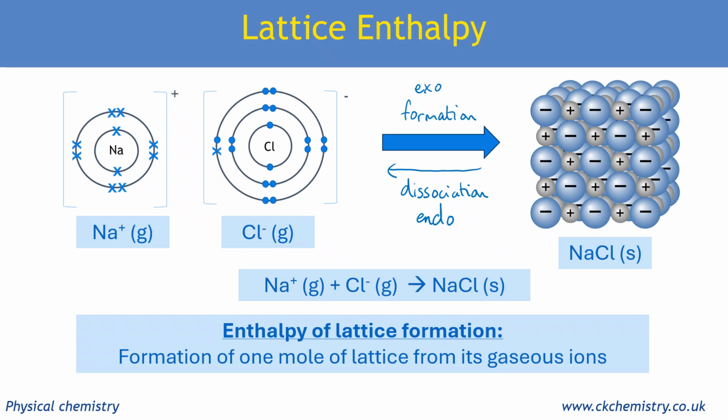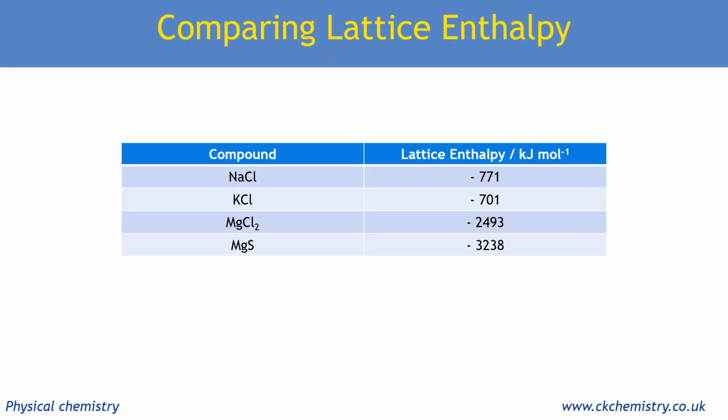We're talking about a mole of lattice having attractions in all directions. We start with the gaseous ions and we bring them together and it gives out energy. Before we look at the Born Haber cycles, we do actually get questions asking us to compare lattice enthalpy between different ionic compounds.